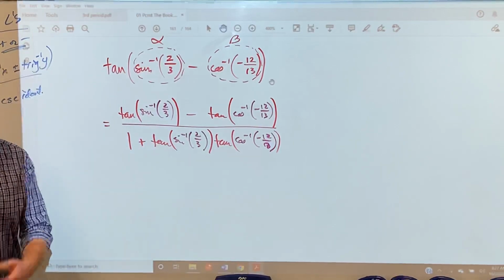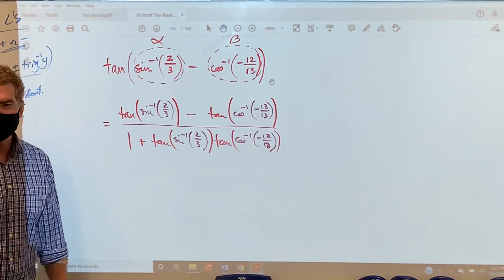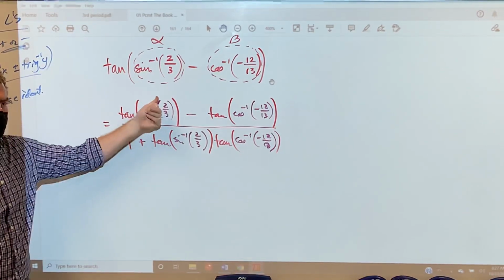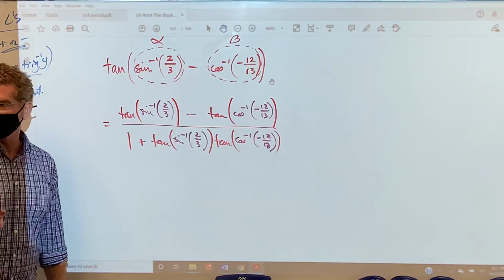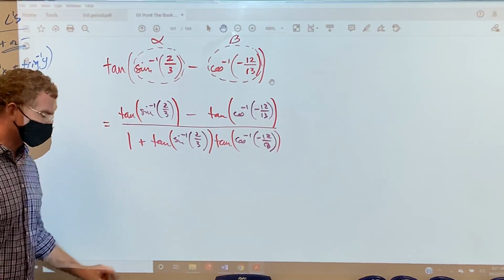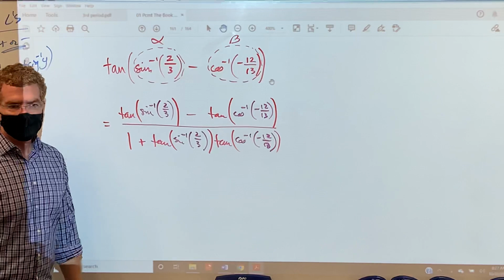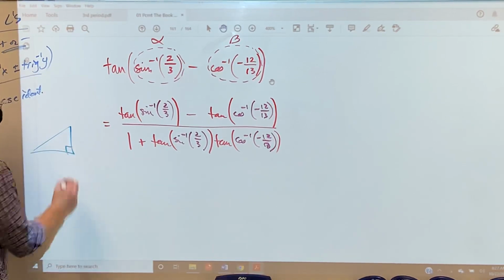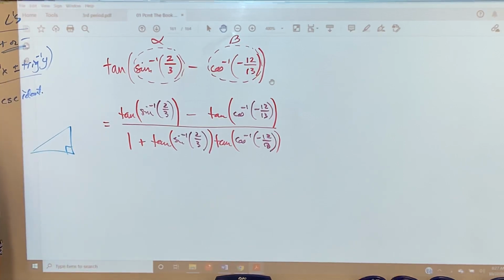And then hopefully you remember this from the last test. Because on the last test I gave you problems like tangent of inverse sine of 2/3. And what did you do when you had a situation like that? You drew a triangle, right? Now, is it important where you draw that triangle? Can I just do this and label it up?